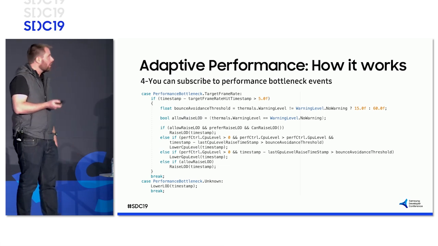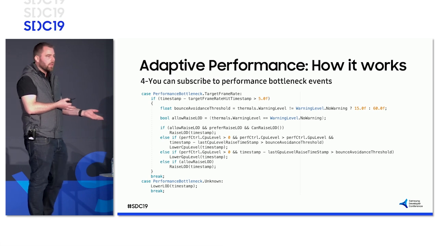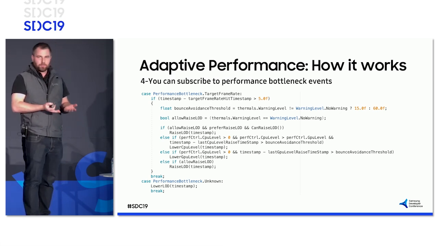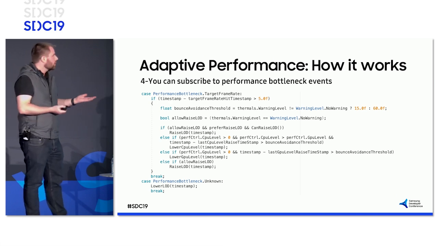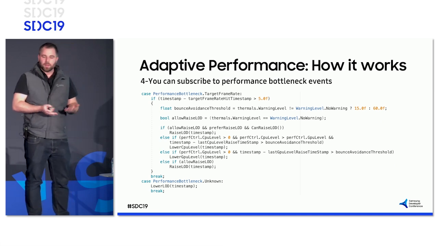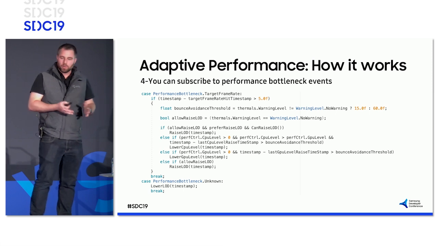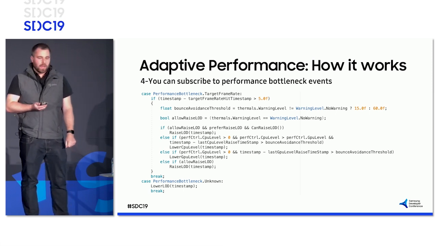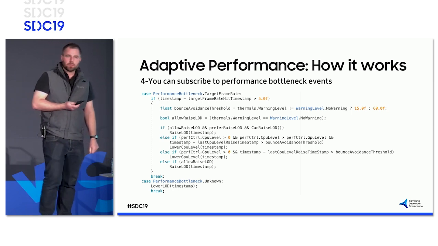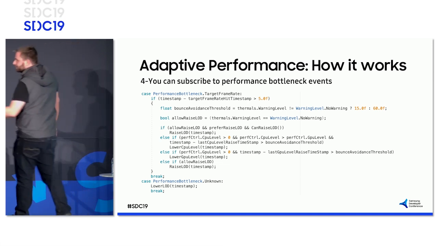In the case where you're target frame rate bound, it means you reach your target frame rate, so you can start lowering CPU and GPU levels to save power, or you can raise the LOD levels or effects. Generally, that's how you can use adaptive performance. That's pretty much it from my side. Thank you very much for listening, and I'll hand over to you.